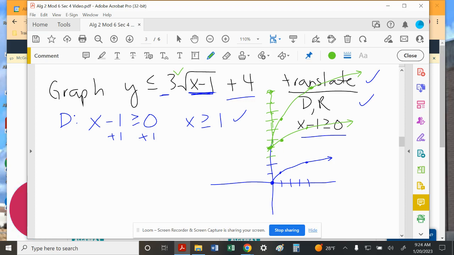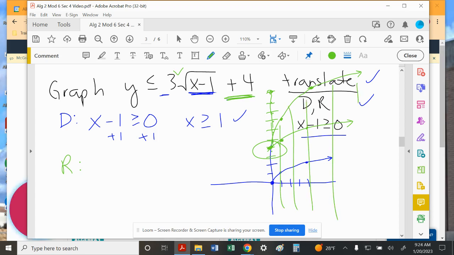Now, I don't need to worry about that with the range, because it's still going up towards infinity, but the starting point has to do with this particular value. Since y has to be below this function, it's going to be shaded right down here.